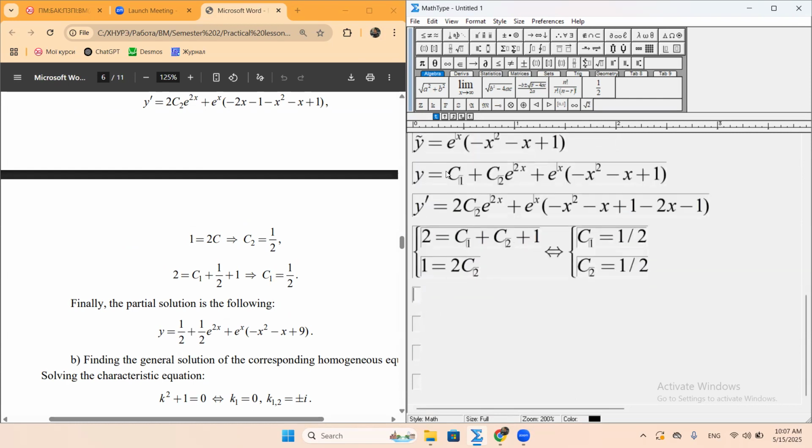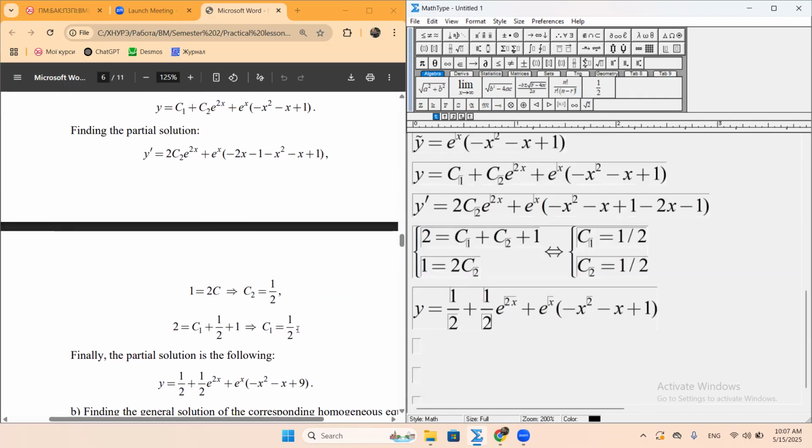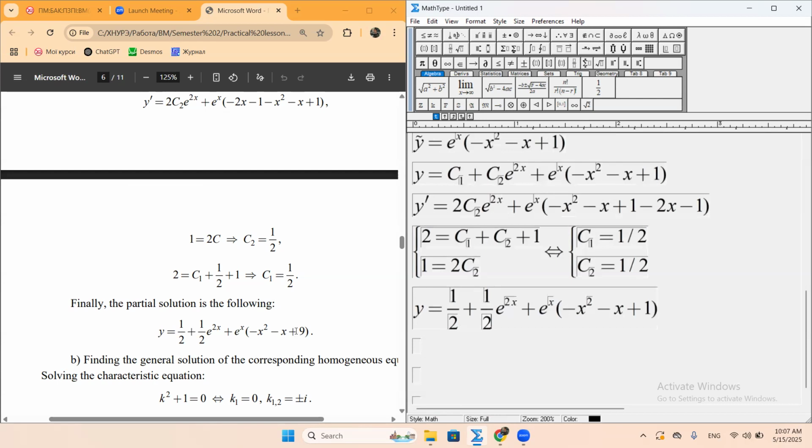So the final solution, the solution of the Cauchy problem, will be the following: 1 over 2 plus 1 over 2 e to the power of 2x plus e to the power of x multiplied by (minus x squared minus x plus 1). I'll stop here. It's a mistake. So it must be 1.